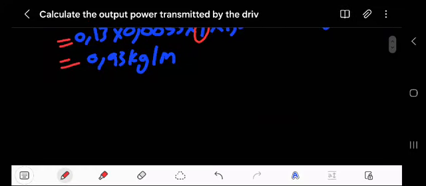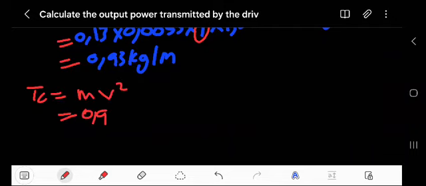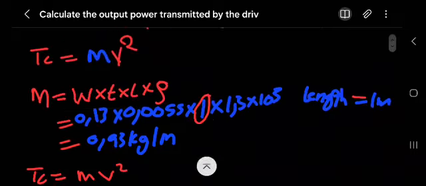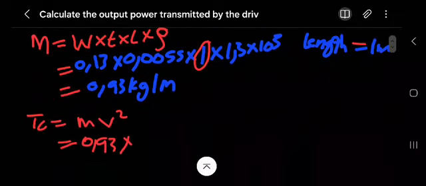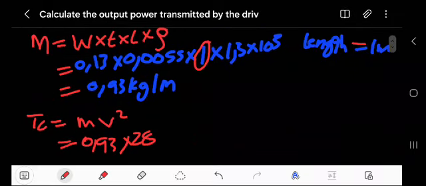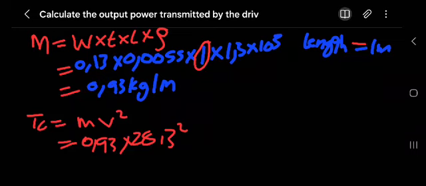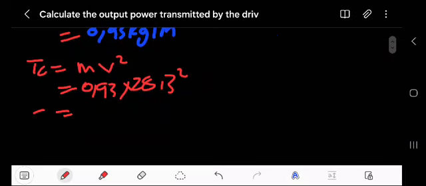Now we can calculate TC with mass multiplied by V squared. We know that we have 0.93, and the velocity we've just calculated is 28,3, squared. Then what will be TC?